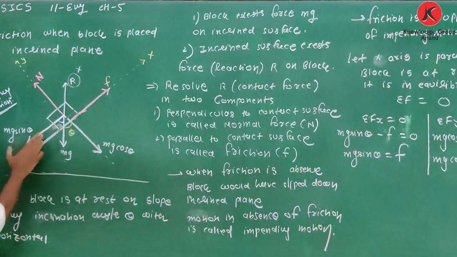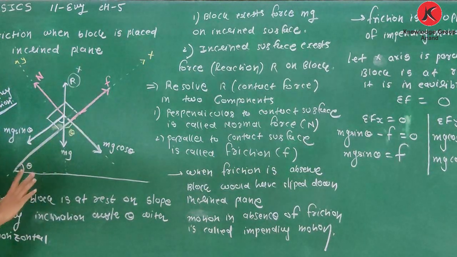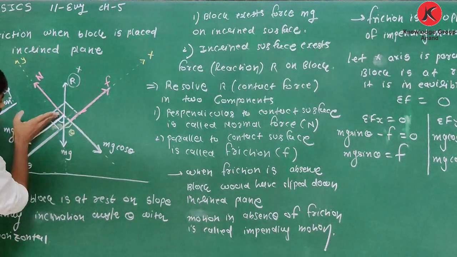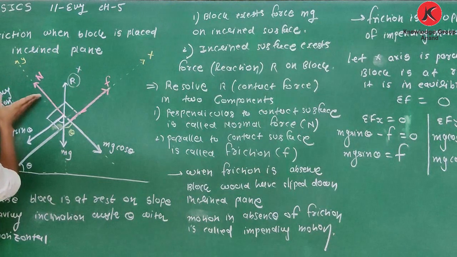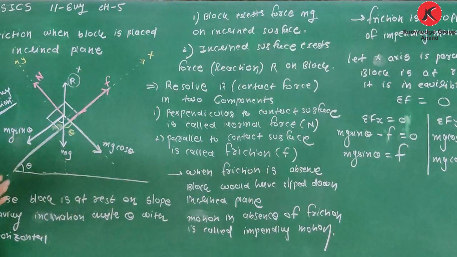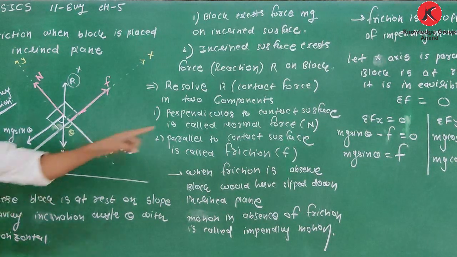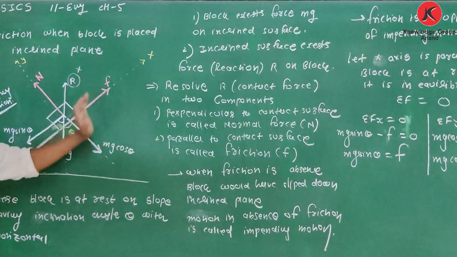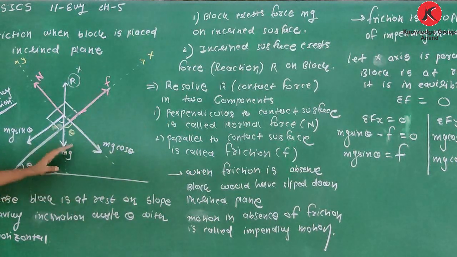If it is at rest, the force acting on the left-hand side is equal to the force acting on the right-hand side. Forces acting in the upward direction, along the y-axis, are equal to forces acting in the downward direction, along the negative y-axis. See, mg sin theta is equal to f, one side equal to the other side. For the other equation, mg cos theta is equal to N, up is equal to down.